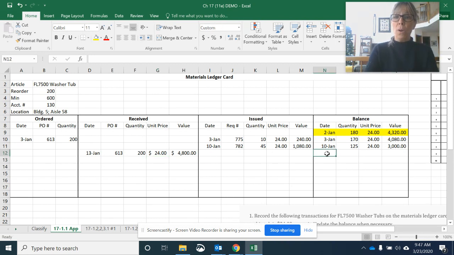Okay, so let's update our balance now. Now we have more items, more washer tubs in the warehouse. So on January 13th, our quantity has changed. So what are we going to do?